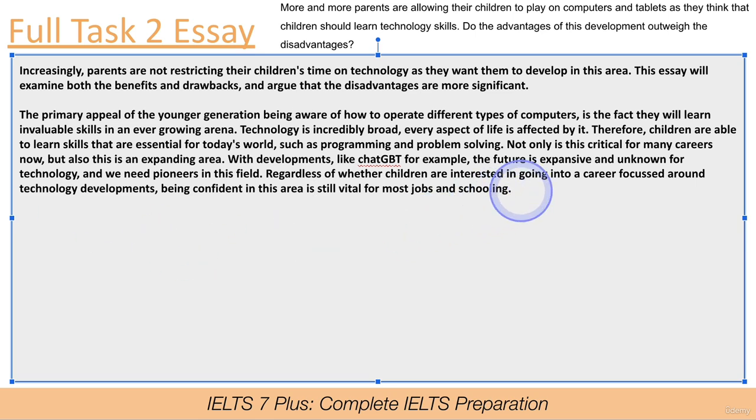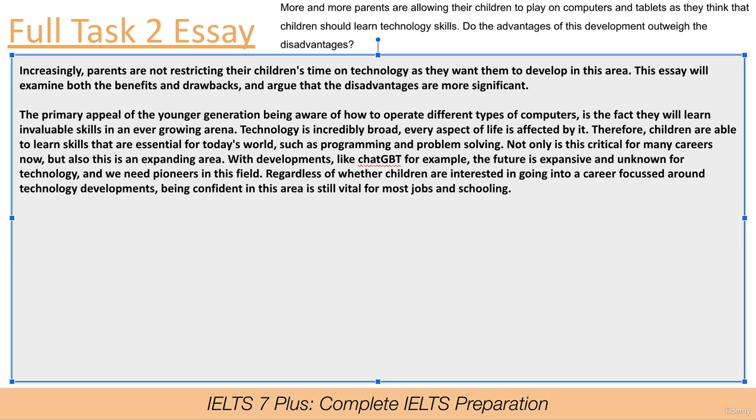Okay, let's have a read back. The primary appeal of the younger generation being aware of how to operate different types of computers is the fact they will learn invaluable skills in an ever-growing arena. Technology is incredibly broad. Every aspect of life is affected by it. Therefore, children are able to learn skills that are essential for today's world, such as programming and problem solving.